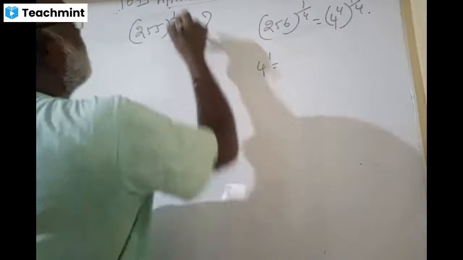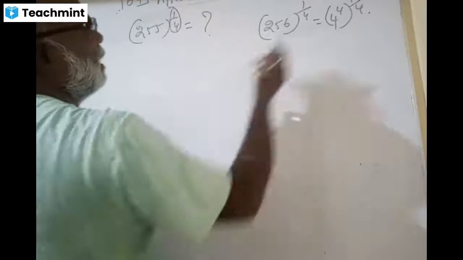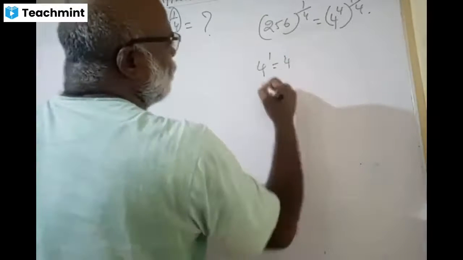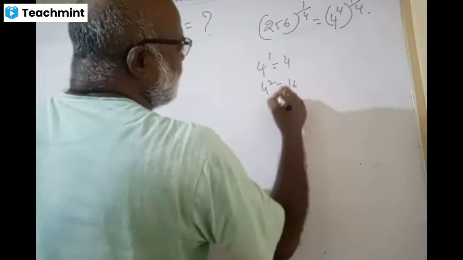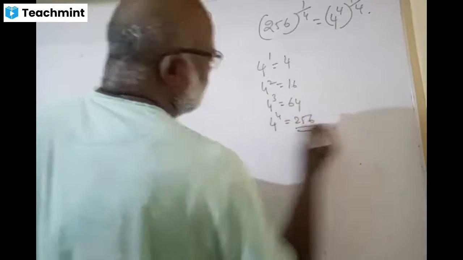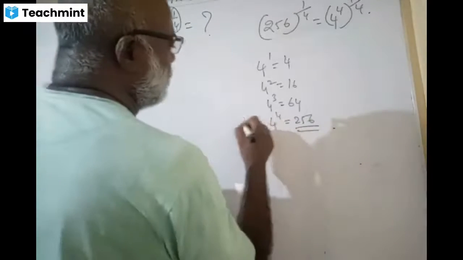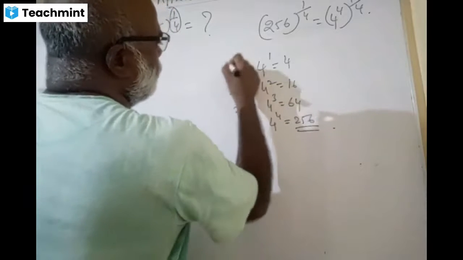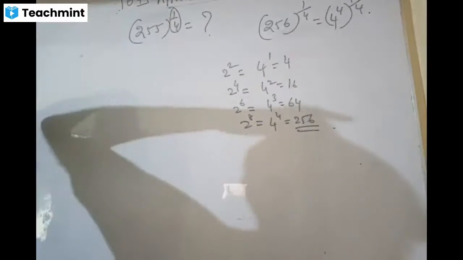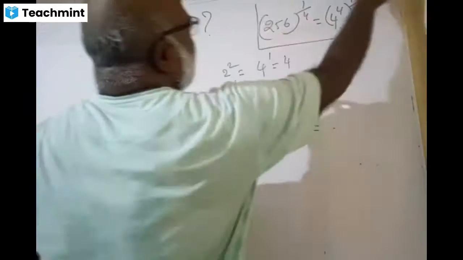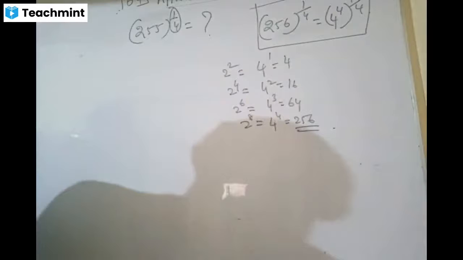So you should get 4, the minimum power you require. Friends, 4 power 1 is 4, 4 square is 16, cube is 64, and 4 power 4 is 256. All of us know this, right? Or I can write 2 power 8, 2 power 6, 2 power 4, or 2 power 2. This number technique we need to have for this.